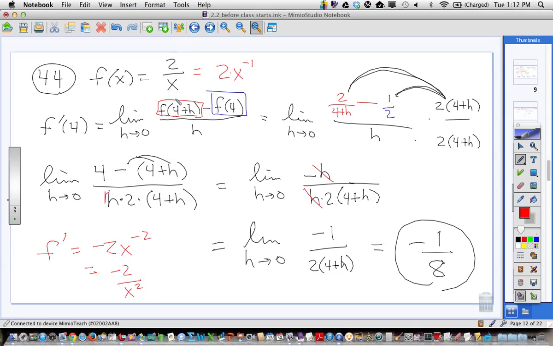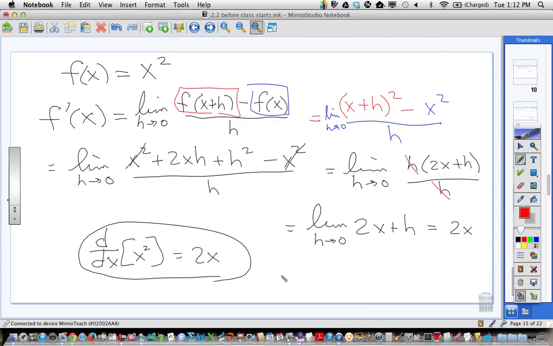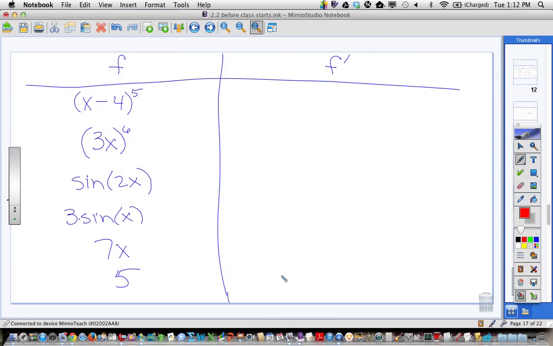All right. Now, let's practice some. In your notes, you might want to make, I just made a little chart here. On the left side is f, and on the right side, we're going to write down some f primes, because we've just learned this power rule. And we already know about sine and its derivative.